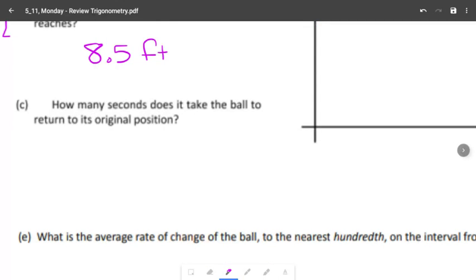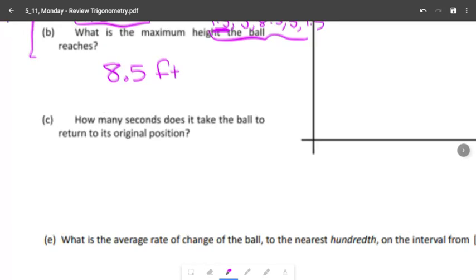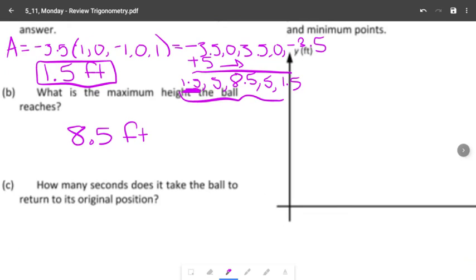Part C, how many seconds does it take the ball to return to its original position? So it starts at 1.5 and it ends at 1.5. So that is 1 full cycle, which remember is the definition of period.